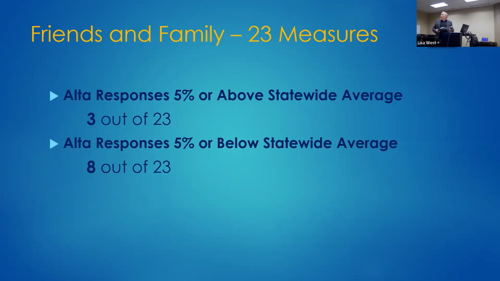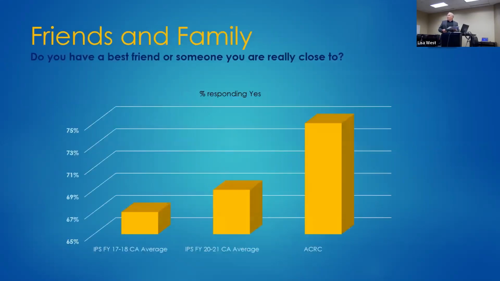So in a category where ALTA performed above the statewide average, do you have a best friend or someone you are really close to? Our clients in the ALTA catchment area responded yes, 75% of the time, compared to the statewide average of 69%, 6% above the statewide average in the important category of having a best friend.